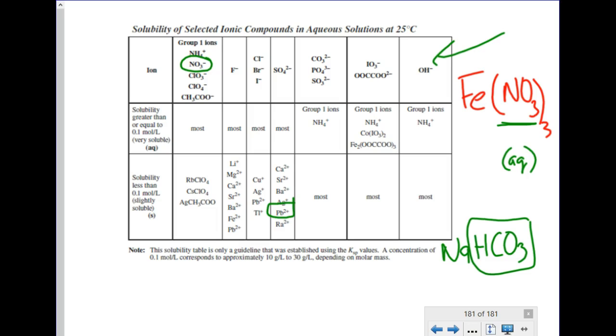It's group 1, which fits into this row up here. All group 1 ions are going to create soluble solutions. So you actually might want to take out your highlighter and highlight group 1 and NH4 positive because it's the only time when the positive ions are going to be found in that top row.